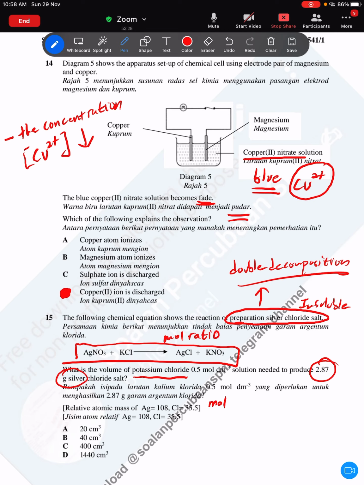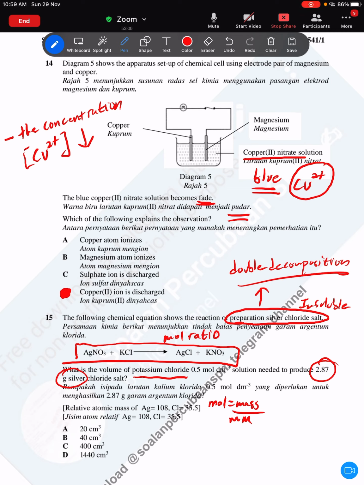Mole equals mass over molar mass. My teaching style, I always start by writing down the formula. Even though I know the formula very well, I will still write it down, because it makes a habit to do chemistry questions systematically, and you will apply this in Paper 2. That is our main concern.